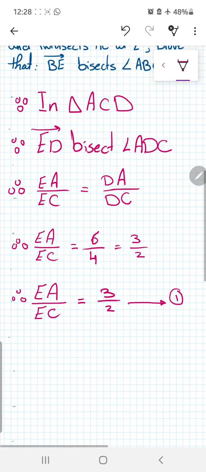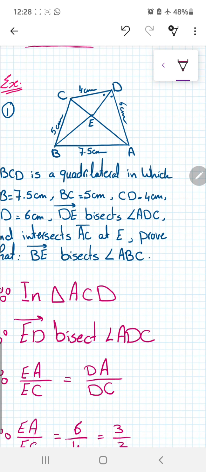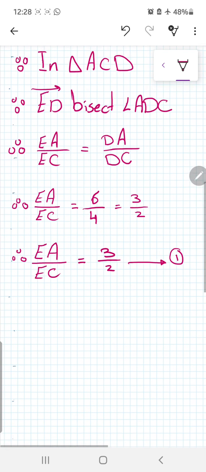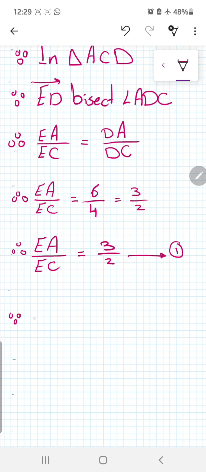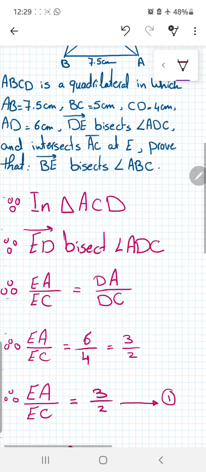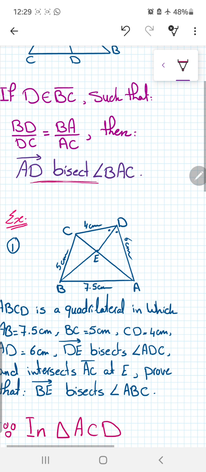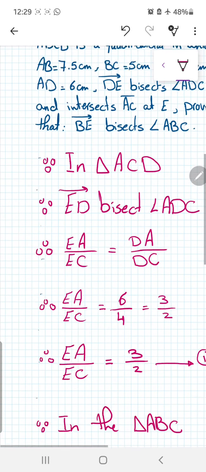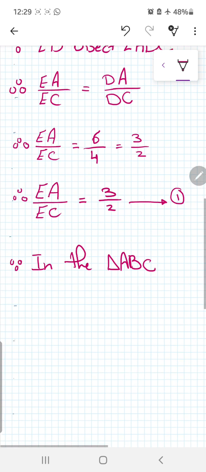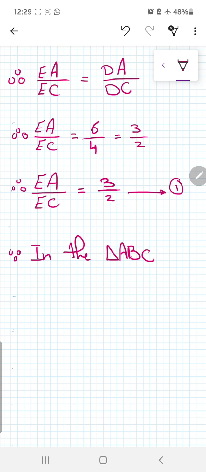In triangle ABC, we want to get the ratio between AB and BC. If this ratio is 3 over 2, then we say BE bisects angle B. First get the ratio between BA and BC.